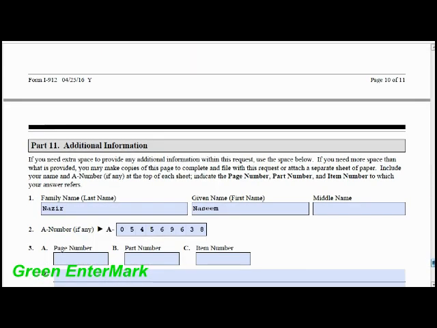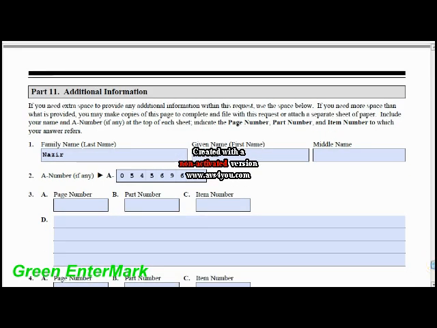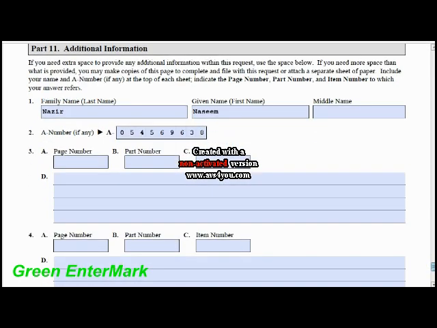And last of all, part 11. This part 11 is very important. If you are skipping any part from 1 to 10, or inserting any information and you think you need more space, you just come to part 11.